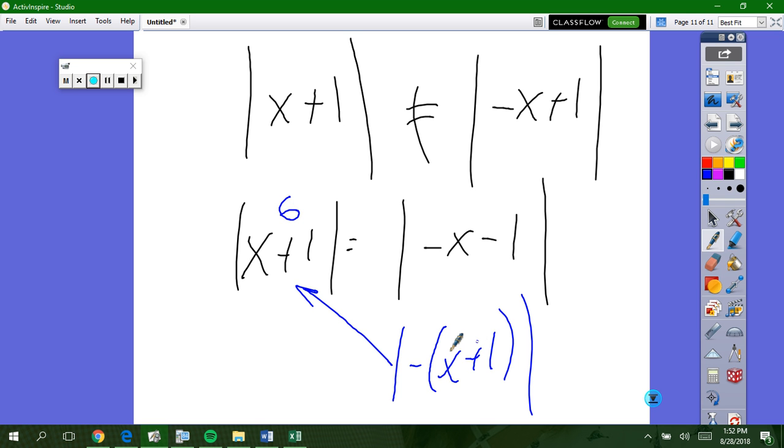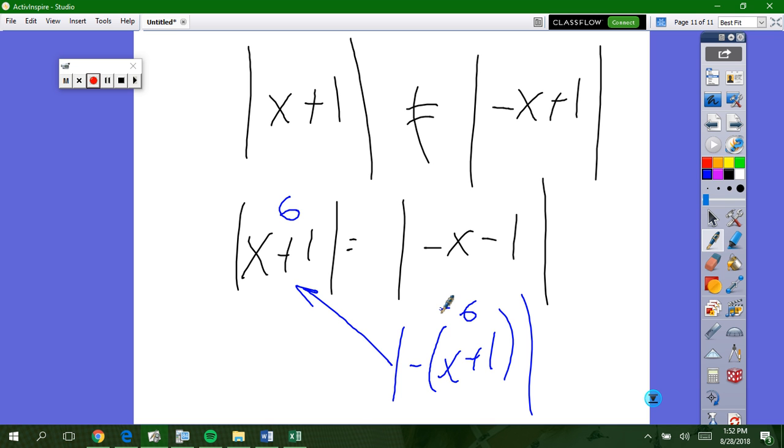Isn't this x plus 1 here 6 as well, but with that minus out there? So don't I have absolute value of 6 and absolute value of -6? You see how they're the same? Because I was able to pull out a negative, and this distance is the same as this distance away from 0. You see that? Because remember, absolute value means a distance away from 0, right?